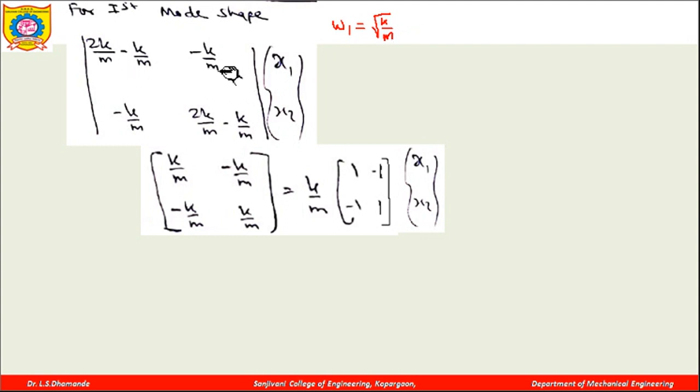I will put this value of lambda here, which was initially 2k by m minus lambda, and here 2k by m minus lambda. So the value of lambda is k by m. If I use this value, I get 2k by m minus k by m, which is k by m. So k by m is common, and it will be 1, minus 1, minus 1, 1. This way you get a matrix multiplied by x1, x2.